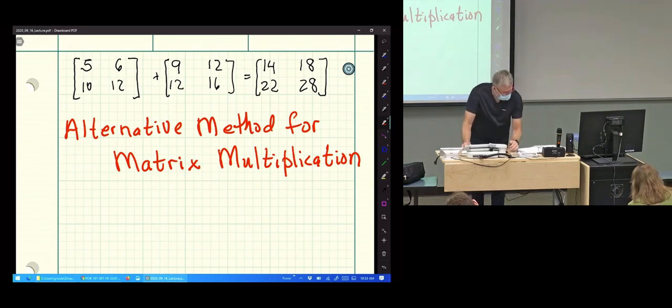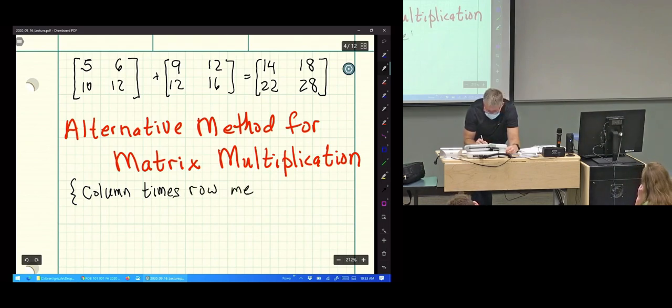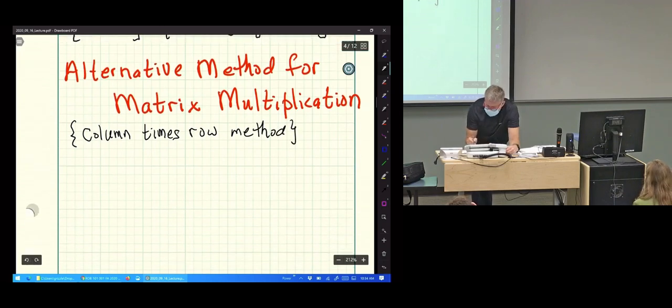Now, if somebody wants to give it a name, I guess you could call this the column times row method. Okay, so I like the question.